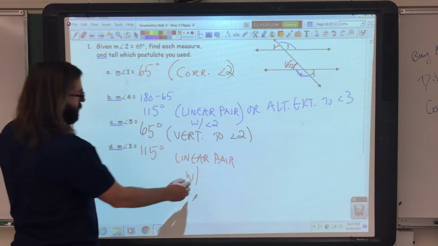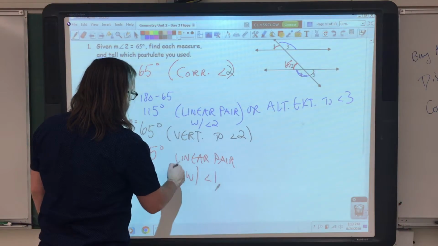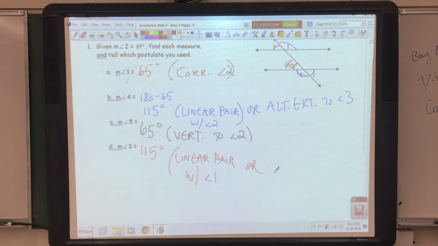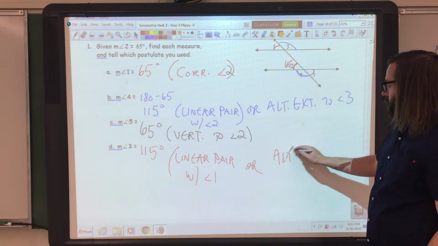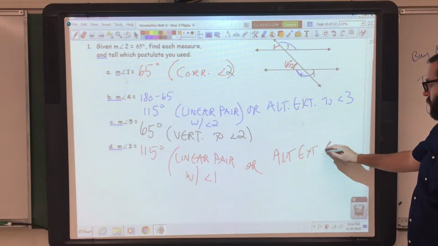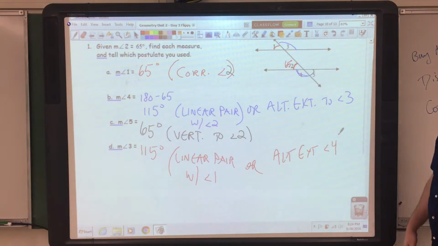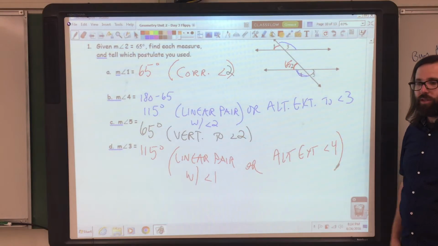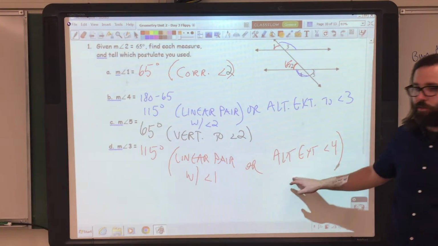Forms a linear pair with 1, or alternate exterior to 4. And there's a couple different justifications for your answer.